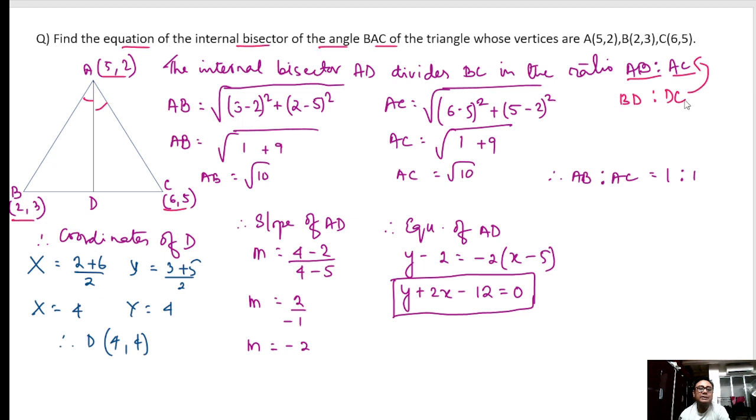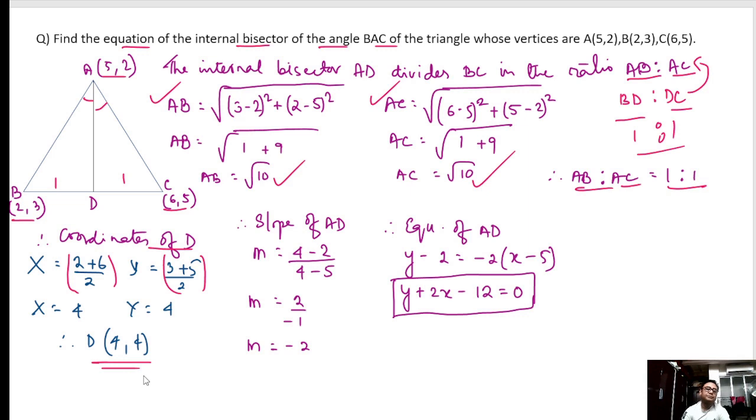AB is to AC. So what is the length of AB? √10. What is the length of AC? √10. That means AB is to AC is coming 1:1. So BD is to DC will also be 1:1. That means D is the midpoint of B and C. So the coordinates of D, I can find x1 plus x2 by 2.